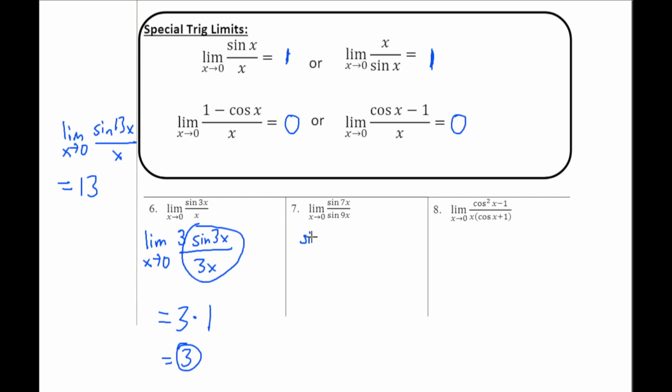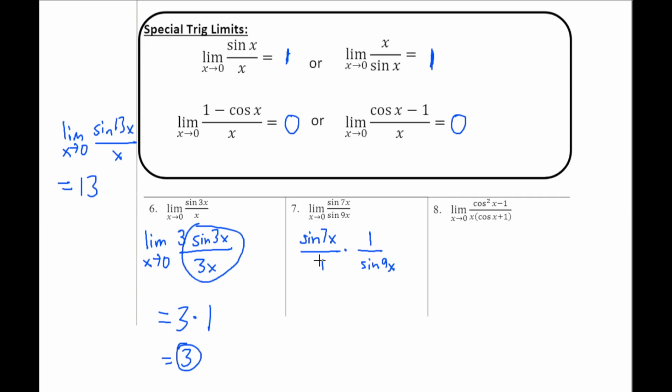You can think about it as sine of 7x over 1 times 1 over sine of 9x, right? Because this is equivalent, sine of 7x over 1 times 1 over sine of 9x is what we have in the original problem here.